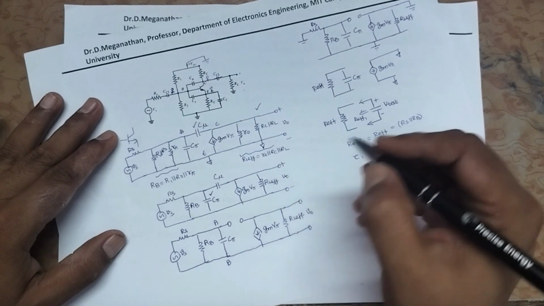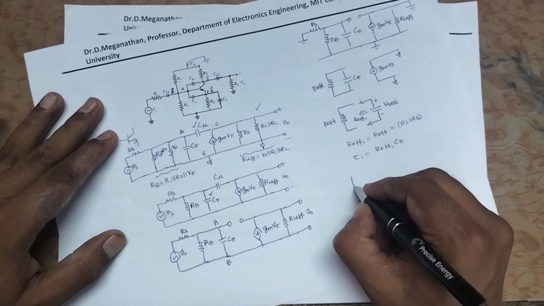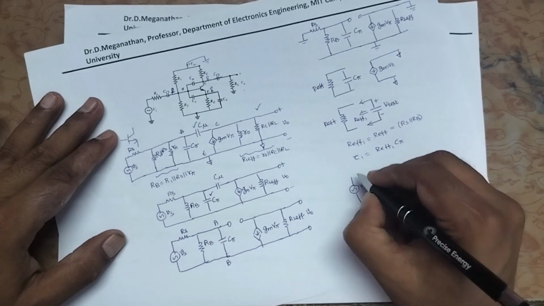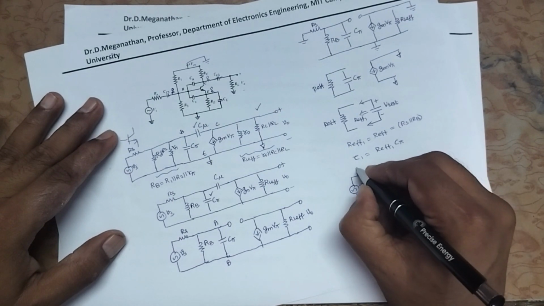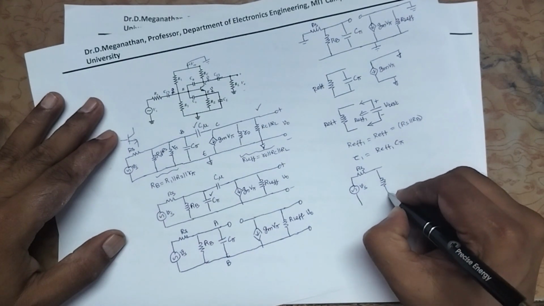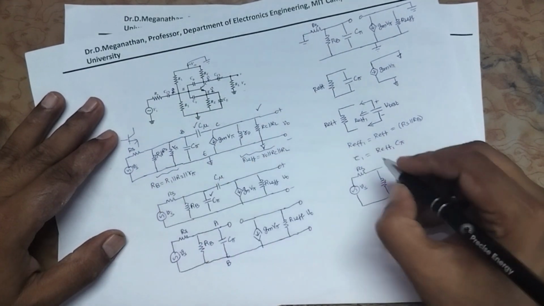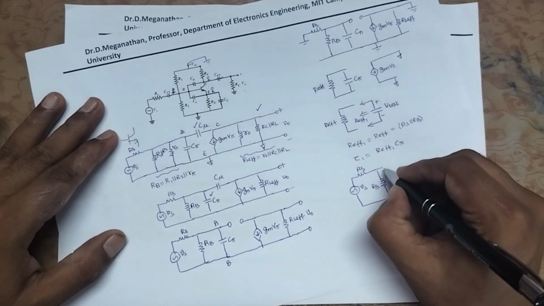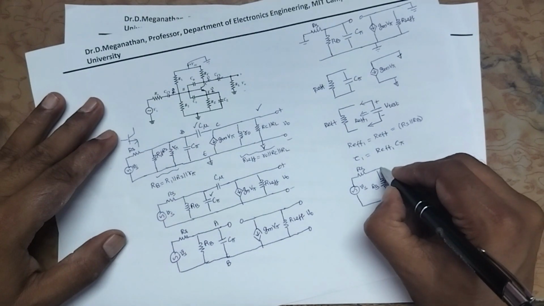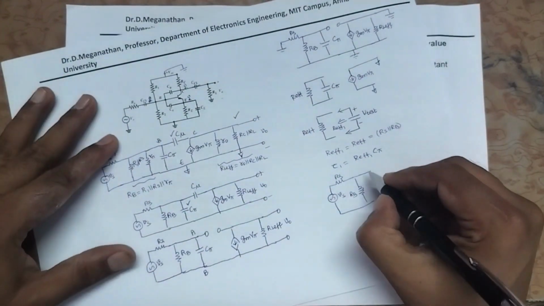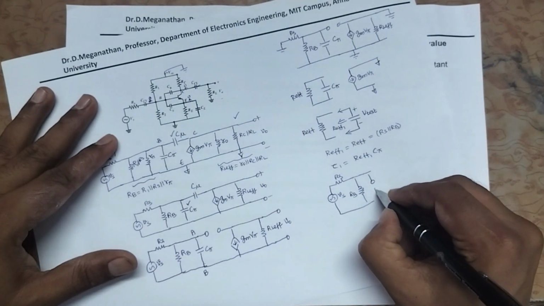So once again I will draw the reduced circuit diagram. Vs, by considering the C mu. Vs, Rs. This we know that already we grouped as RB. Then as per the procedure we have to remove the C pi because we are going to consider the C mu.